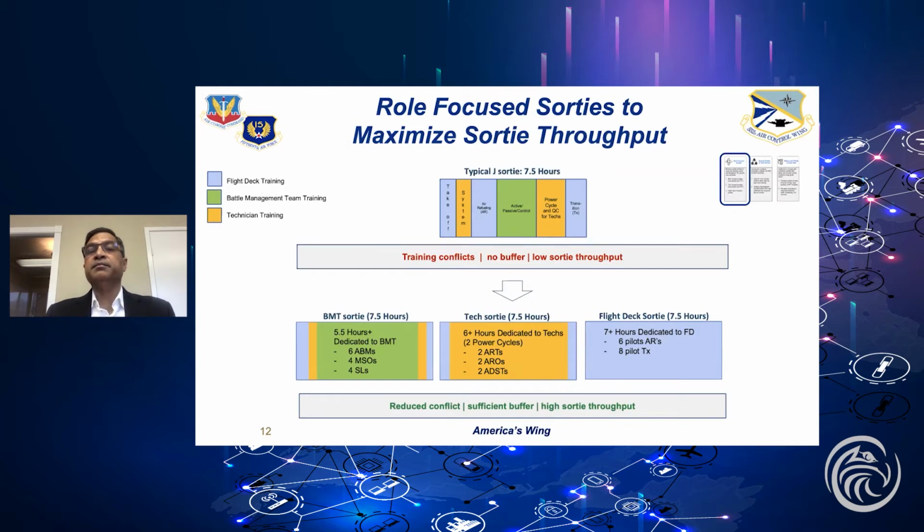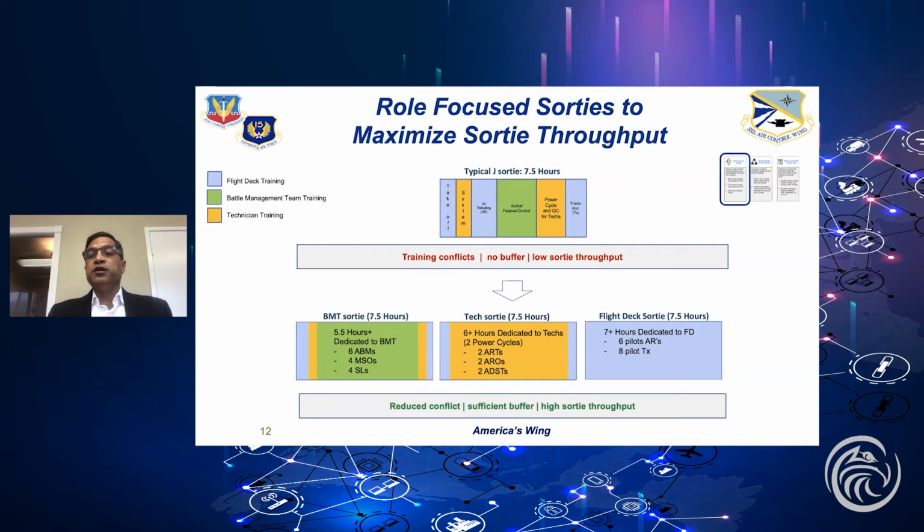Typically, before TOC, they would do what is called a J sortie. And if you look at it, it's about a 7.5-hour sortie. The blue portions, of course, are where the flight deck gets training. The yellow portions are where the technicians get training, and the green portions are where the battle management team gets their training.